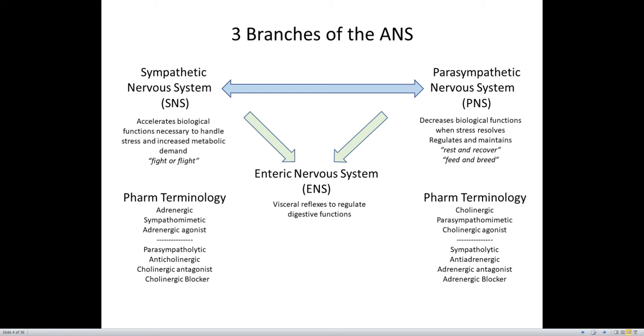So if we go back to the sympathetic nervous system, most of the time what we're talking about at the hemodynamic level, we're concerned about the alpha-1 receptor, the beta-1 receptor, and the beta-2 receptor. When we activate the alpha-1 receptor of the sympathetic nervous system, it causes vasoconstriction.